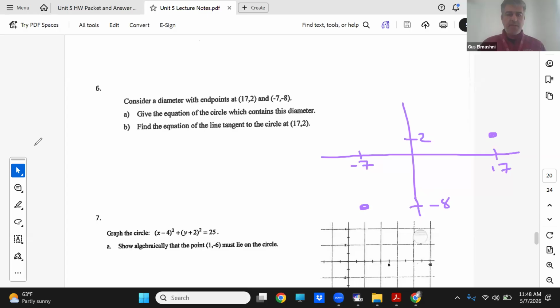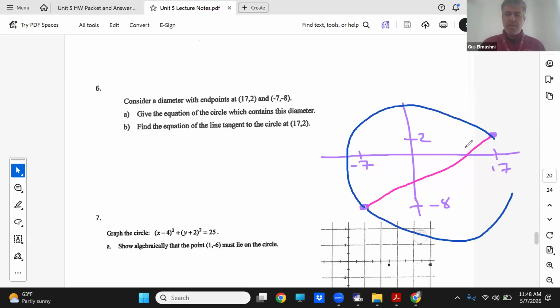Let's connect it all. It's not great, but that's okay. Let's draw. The center is probably somewhere over here, is my guess.